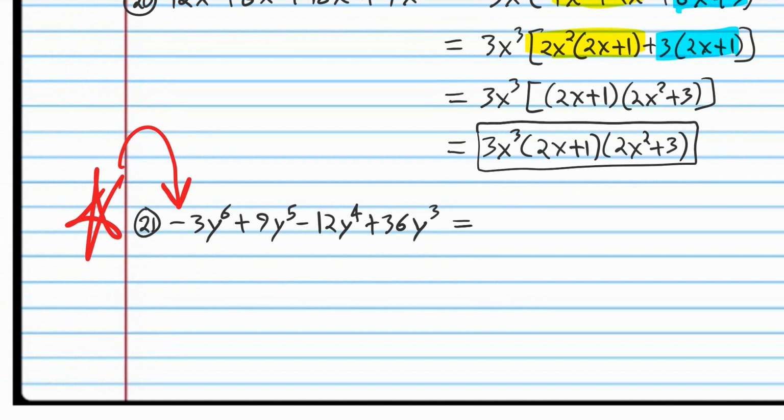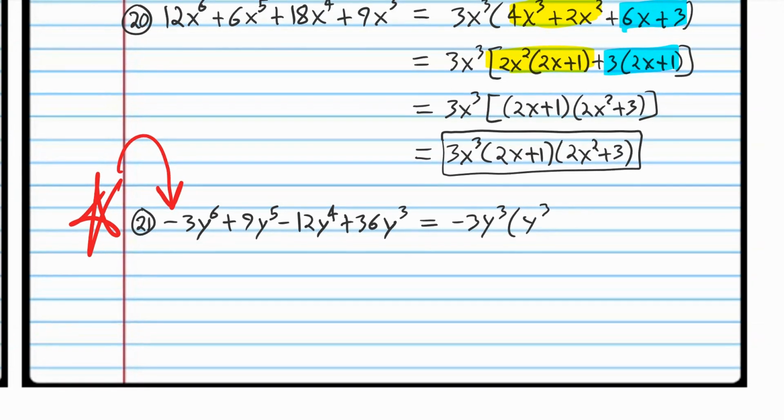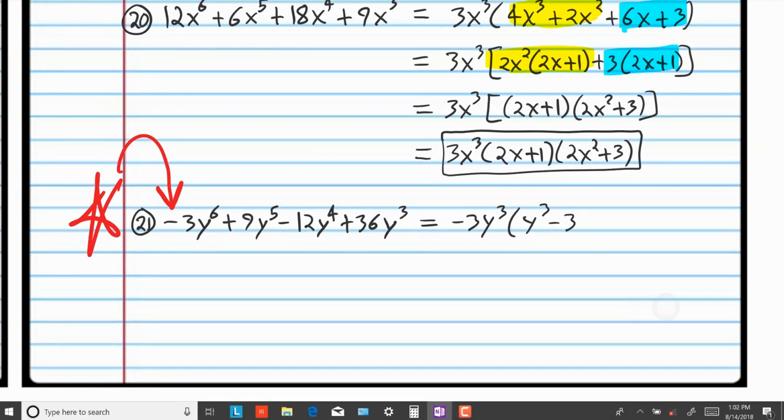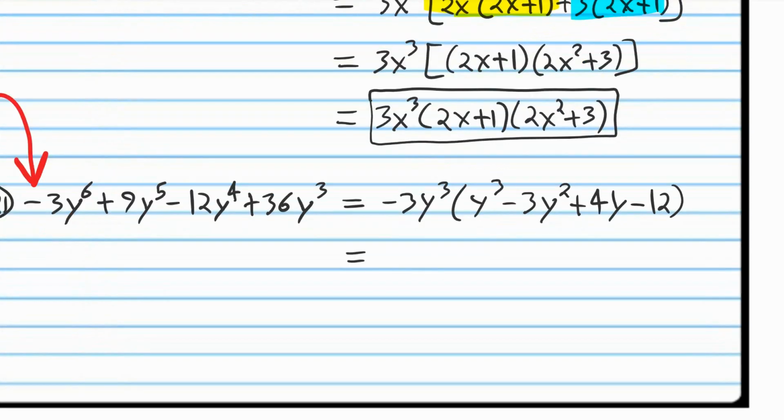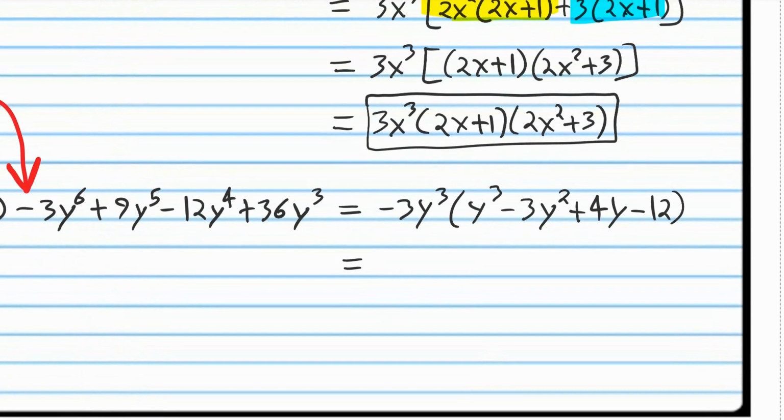Alright, we're back, so we're going to factor out a negative 3y to the third power, it looks like. And I'm going to multiply back to check my work. And looks like that's correct. Whoops, I'm going to keep that in the window, sorry.